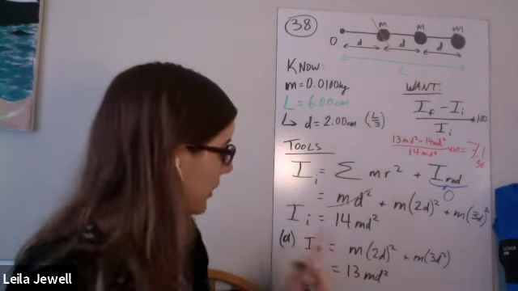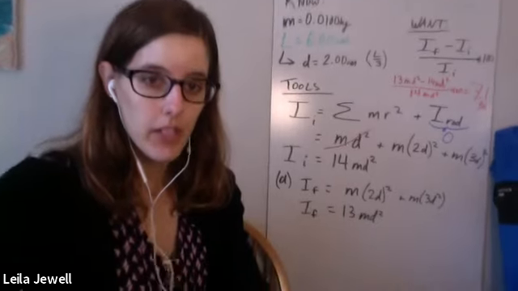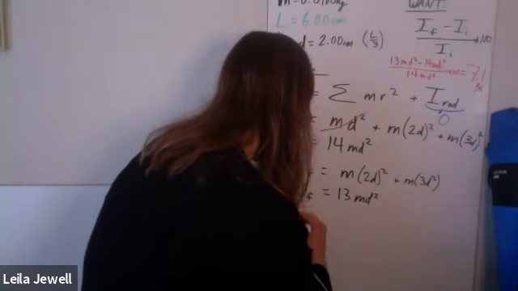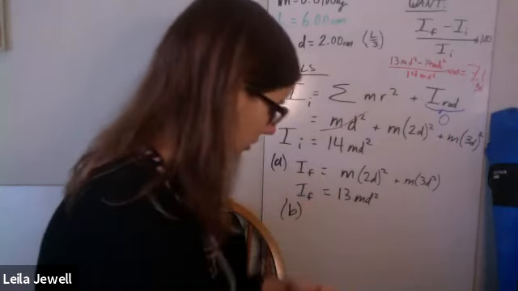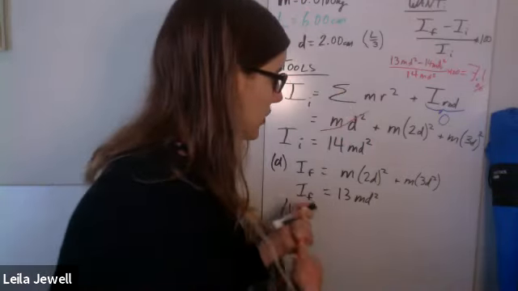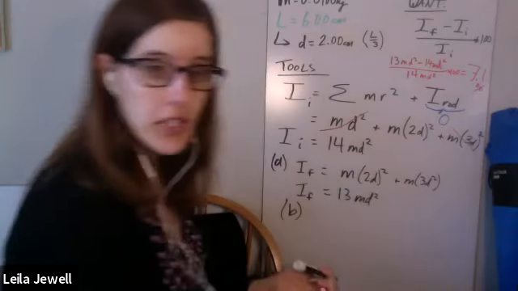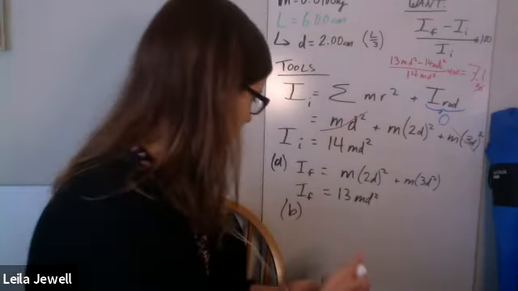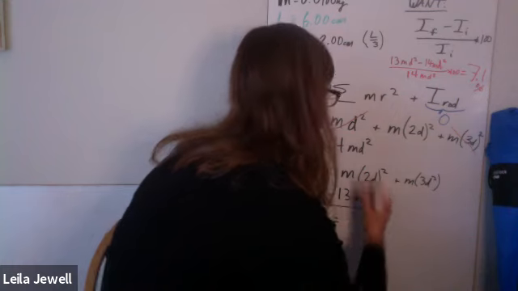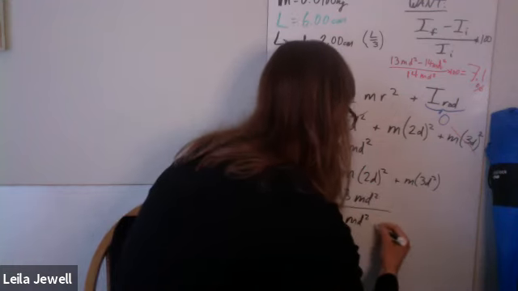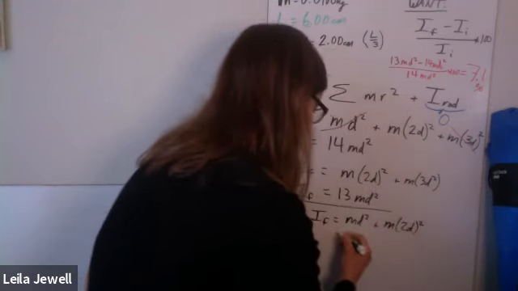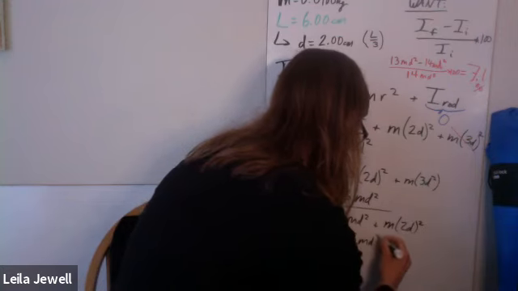But we can double check with the outermost one, which is what we do in part B. So for part B, we are instead focusing on removing the outermost one. So in our previous initial equation, it's going to be this one that's 3d squared away. So that means my final rotational inertia will be the first one, just md squared, plus the second, m times 2d squared. So 1 plus 4 is equal to 5 md squared.